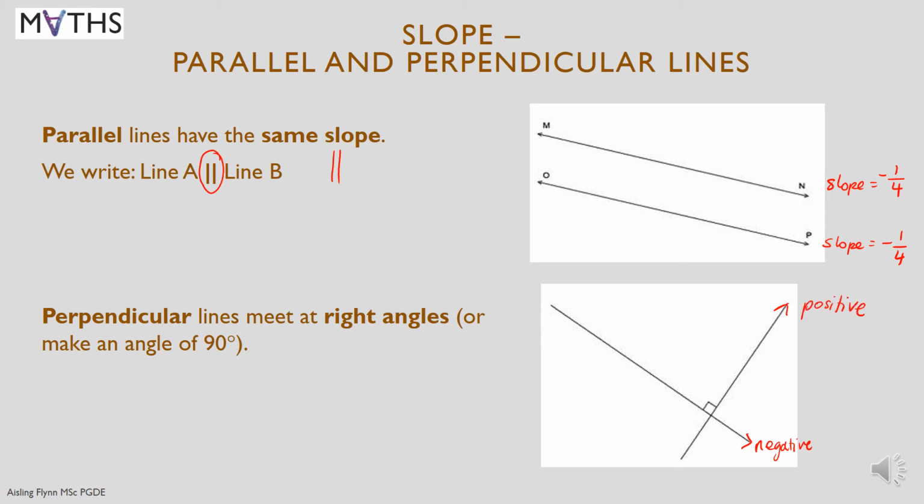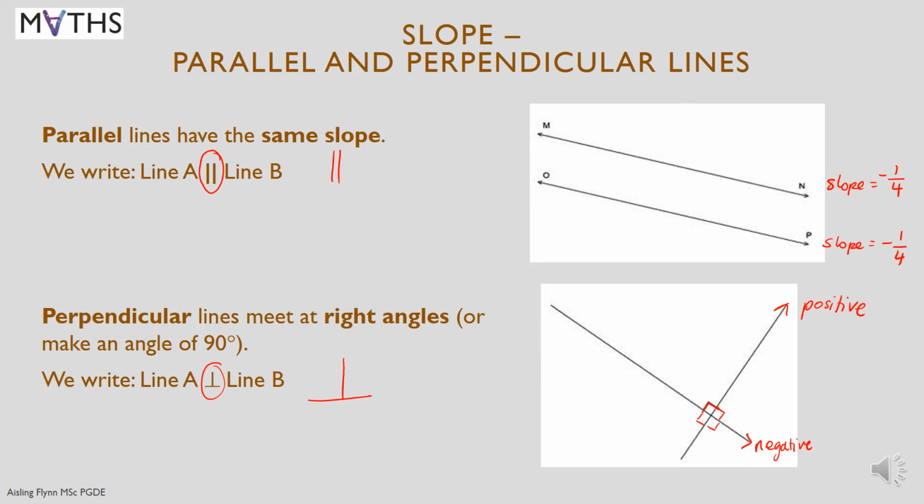And they meet such that they make 90 degrees in each of these corners, 90, 90, 90, 90. We write line A is perpendicular to line B, so this symbol here, like an upside down T, means perpendicular. We're going to relate the perpendicular slopes to each other in a minute.